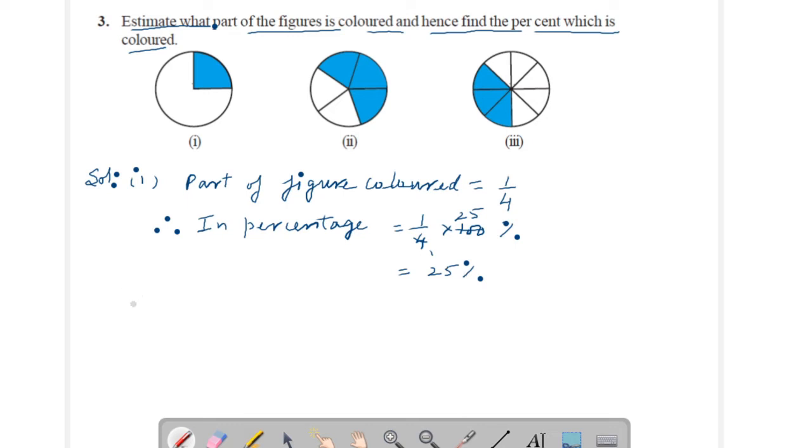Now second part. Part of figure colored is 3 upon 5.